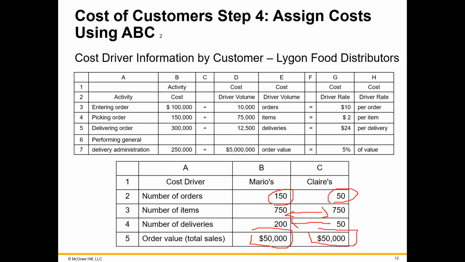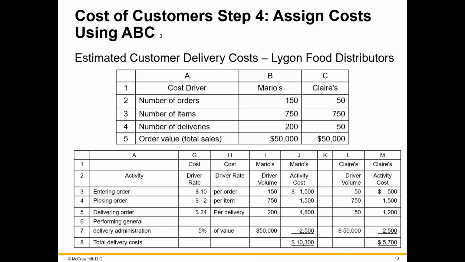So because Mario's makes way more orders and has way more deliveries, their activity cost is way higher. So for entering the order, the cost for that is $1,500 compared to Claire's, which is only $500. And then for delivering the order, Mario's deliveries are costing the company $4,800, whereas Claire's deliveries are only costing $1,200.